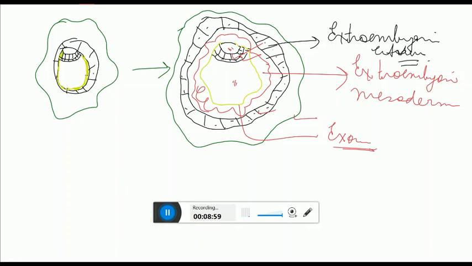So, extra embryonic ectoderm has been formed, extra embryonic mesoderm has been formed, epiblast, hypoblast is there, the two cavities are there, since cytotrophoblast is there.